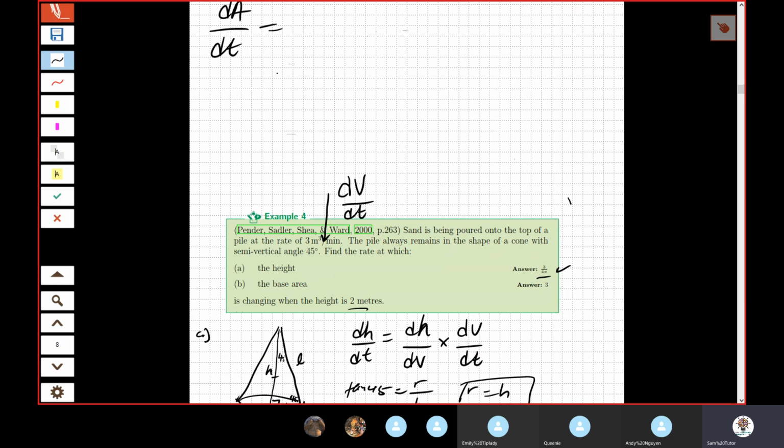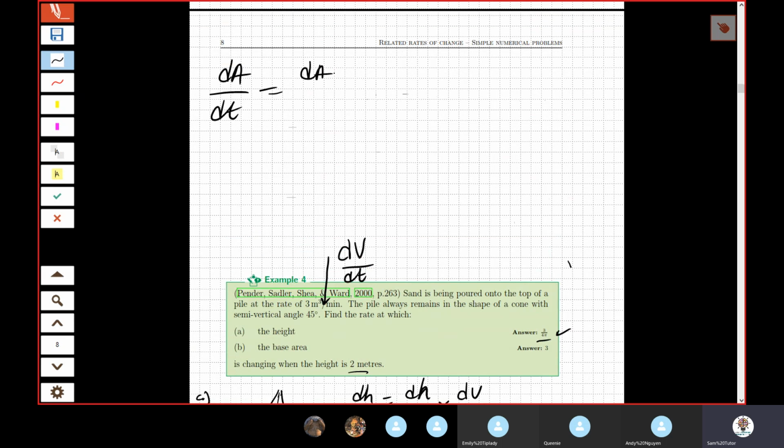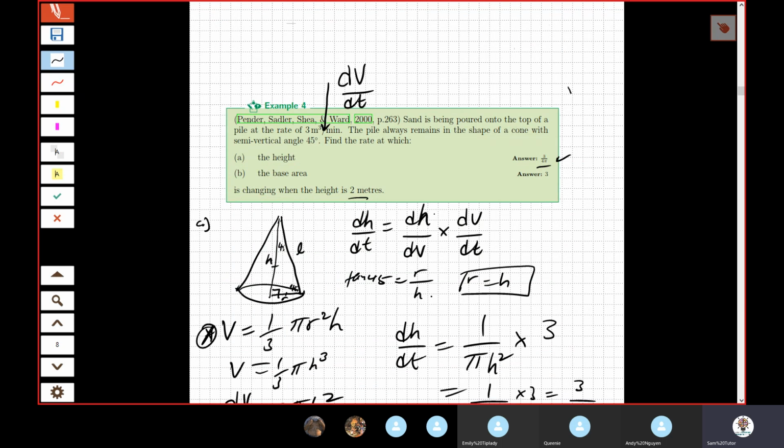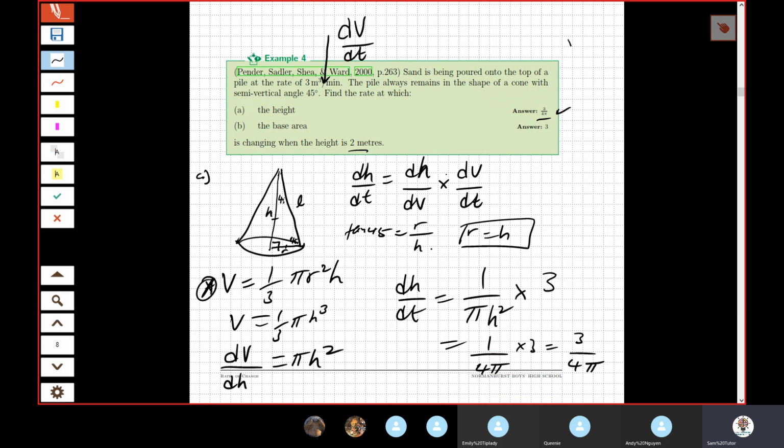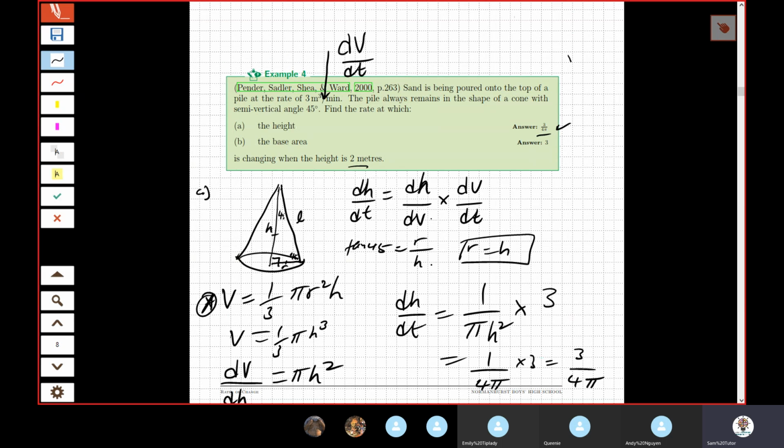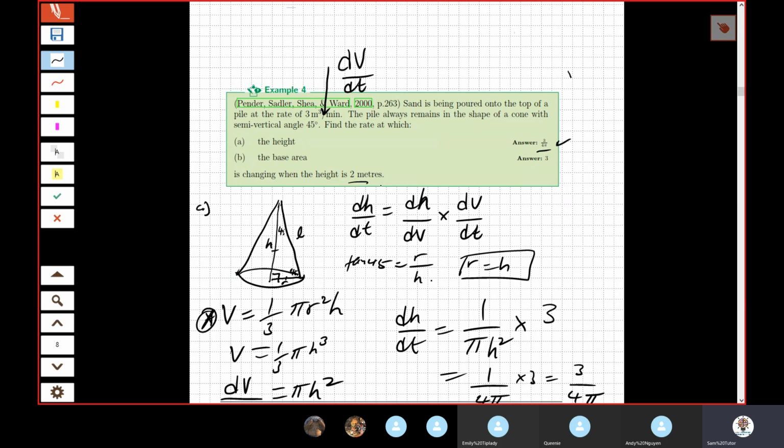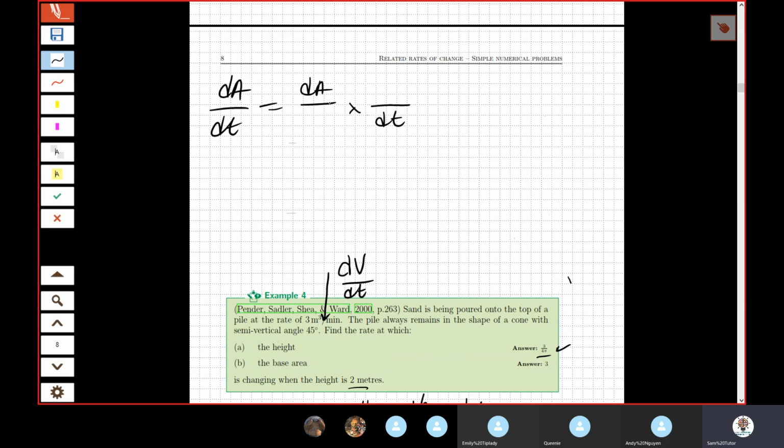So dA on dt is equal to dA on dH times dH on dt. When the base area is changing, the height is 2 meters. So what would I use?